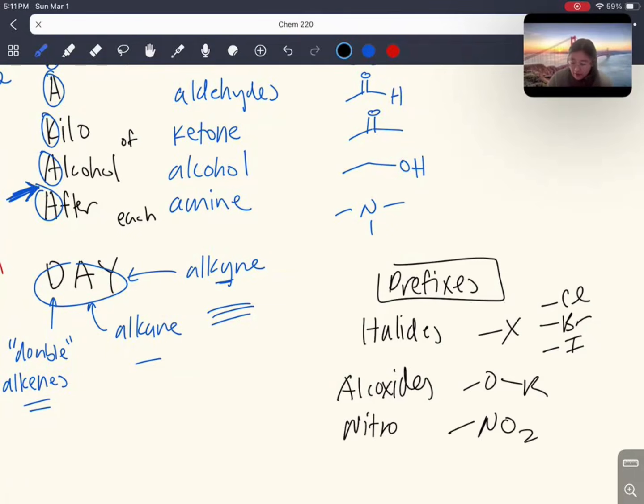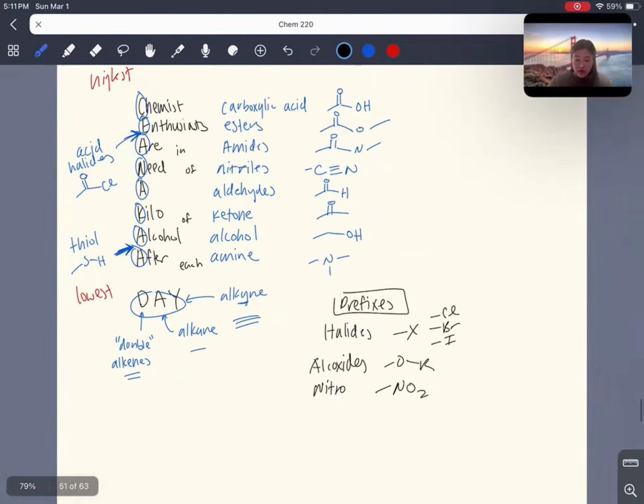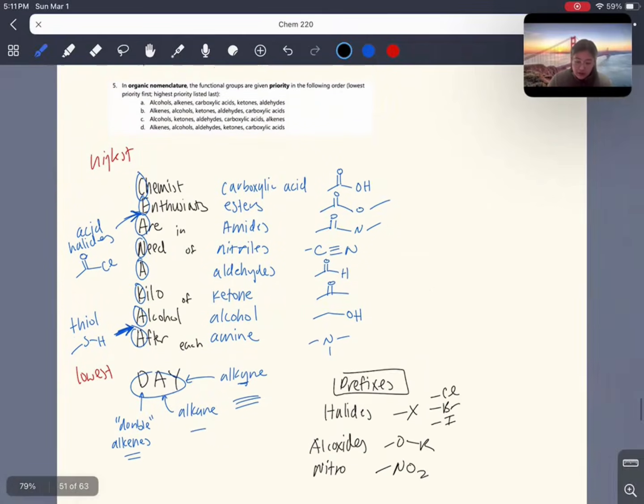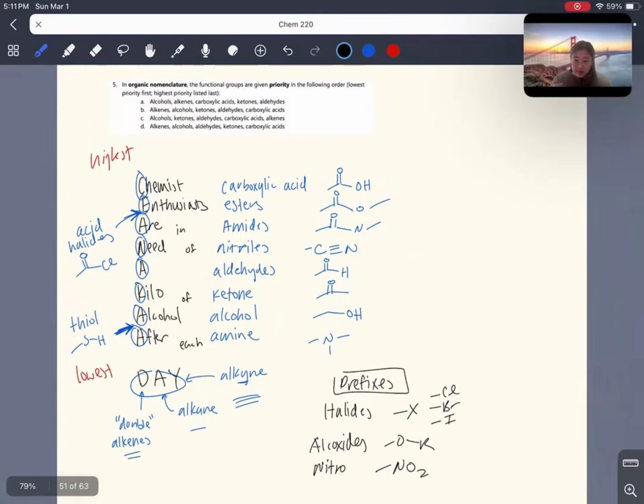These three groups only have prefixes. They do not have a parent functional group name, so they will not be included in your priority naming for the parent name at all.